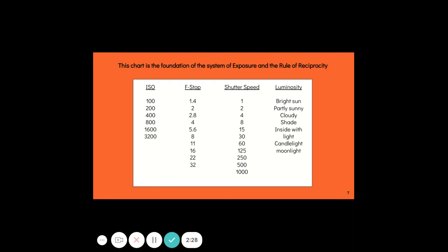It is helpful to learn to recognize this particular set of numbers as the shutter speeds, so you do not get them confused with ISO or the f-stops. Not all cameras have this full range of shutter speeds, although most do, and some cameras have what we call half stops, which are the numbers that are actually between these standard stops, such as 45, 75, 750, things like that, but they're not typical on most cameras.